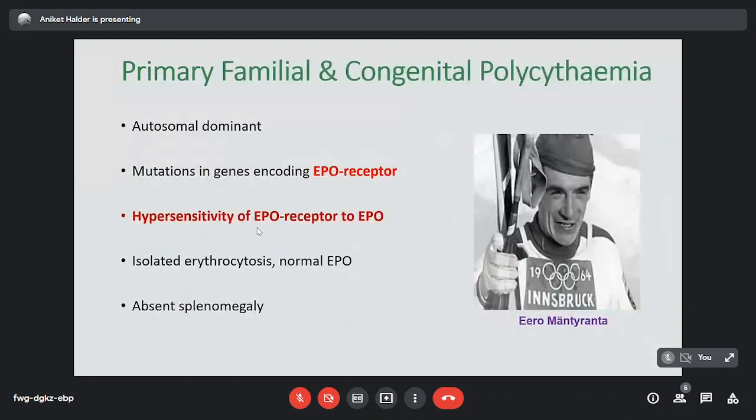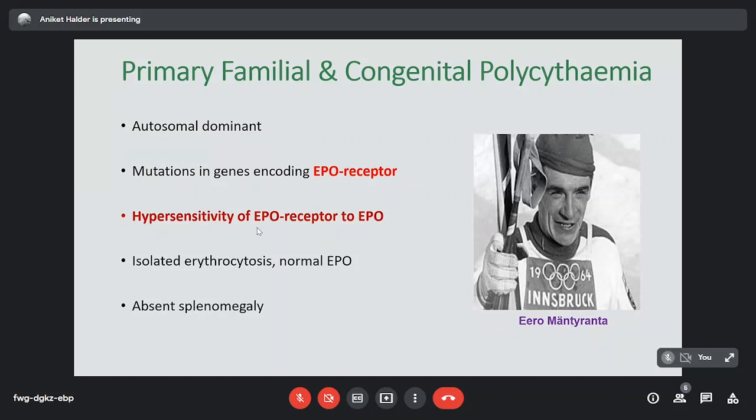So now, after completing polycythemia vera, the other type of primary erythrocytosis is a congenital disease, which is called primary familial and congenital polycythemia, or PFCP. It is an autosomal dominant disorder in which there is no JAK2 mutation, but there is mutation in the genes which encode the erythropoietin receptor.